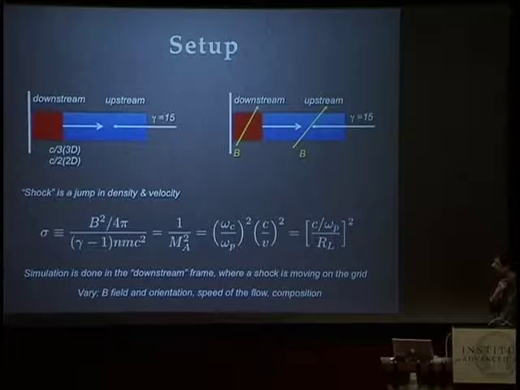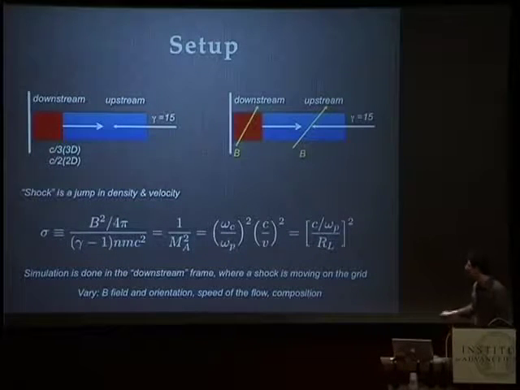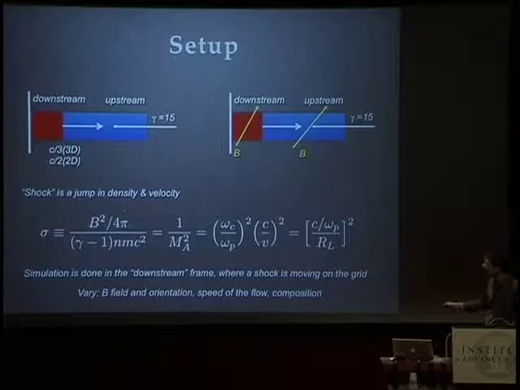And it turns out that there is one important dimensionless number, which is the ratio of the magnetic energy to the kinetic energy in the flow. And this can be phrased as an inverse Mach number of the flow. The smaller this ratio, the smaller is the magnetic energy compared to the kinetic energy, the larger is the Alfvénic Mach number of the flow.